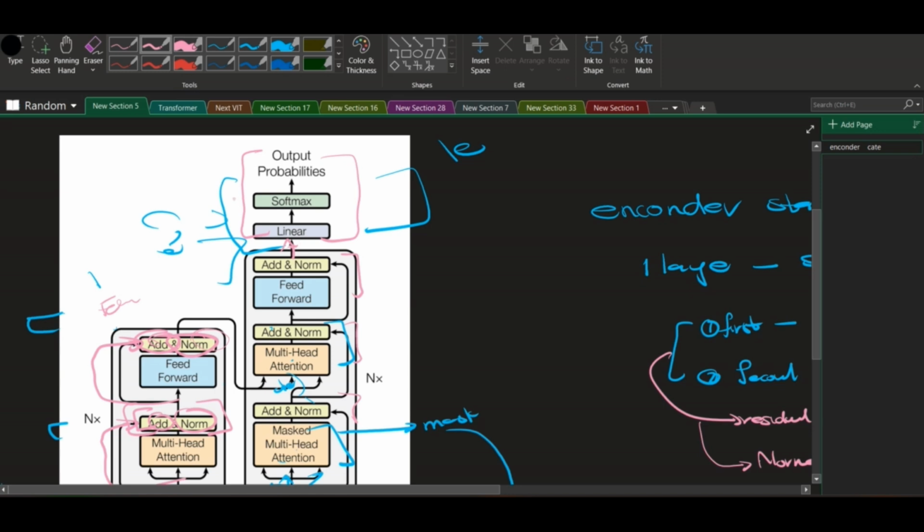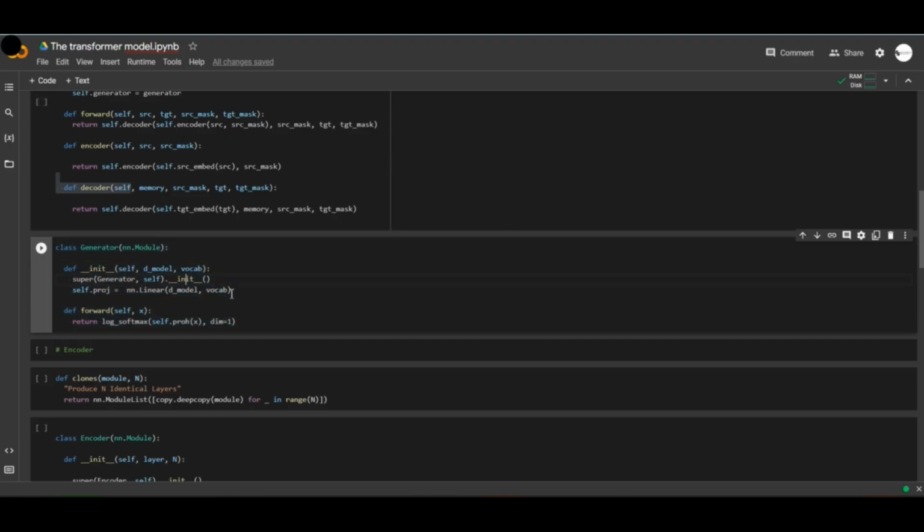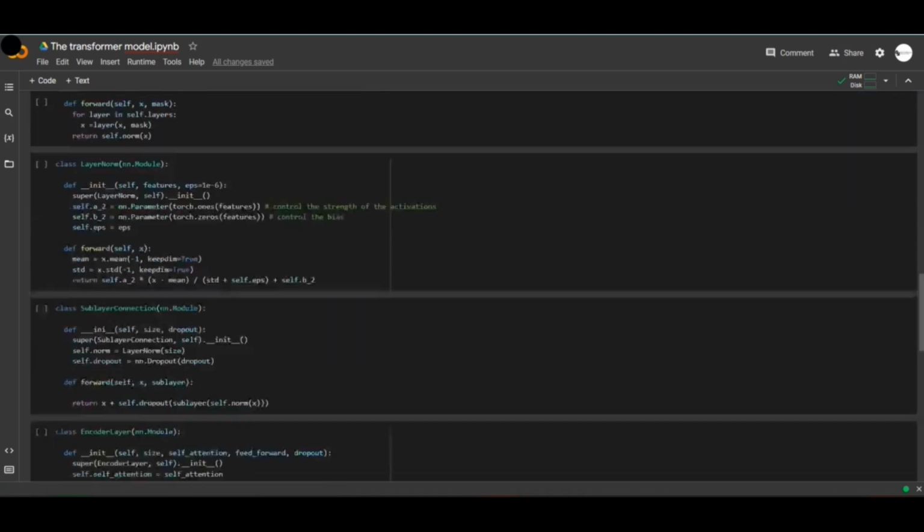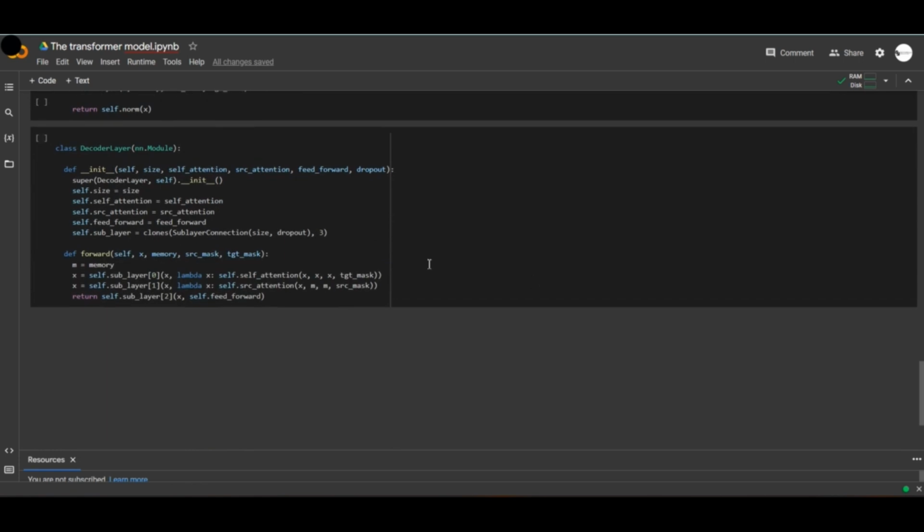It's the final thing that outputs the probabilities, the generator we spoke about. I'm explaining this because when you look at the architecture, you might think the generator is part of the sublayer. So I want you to know it's standalone. I did explain its purpose and what it does. So I think this is the decoder.